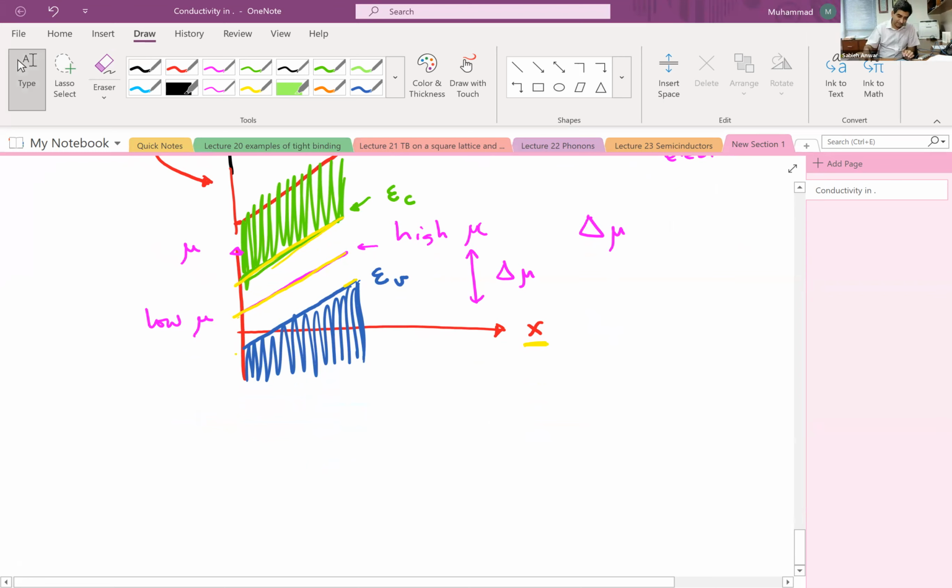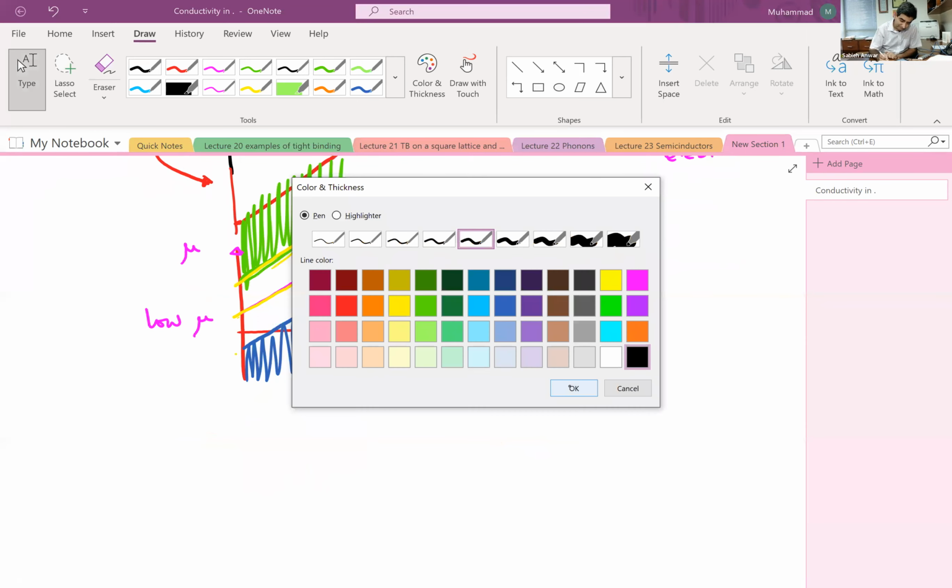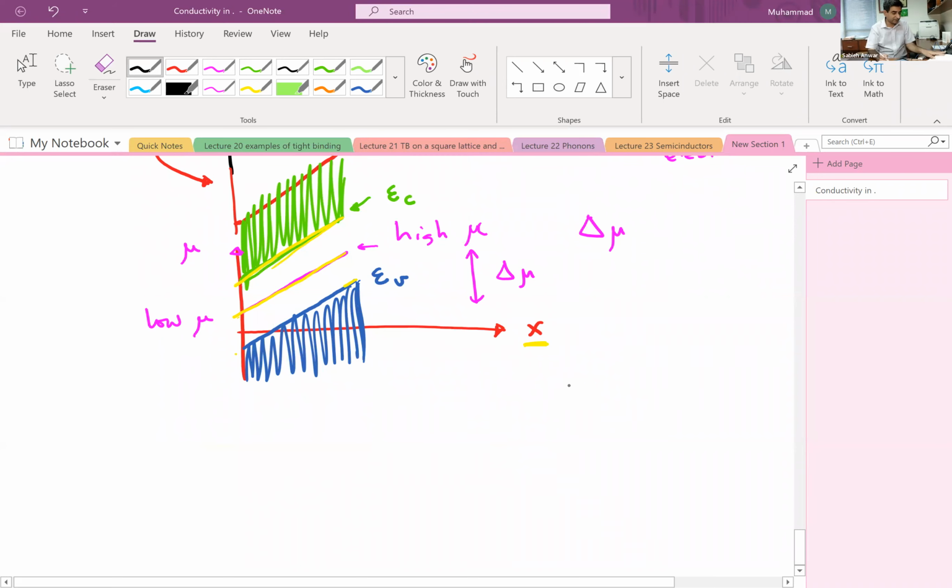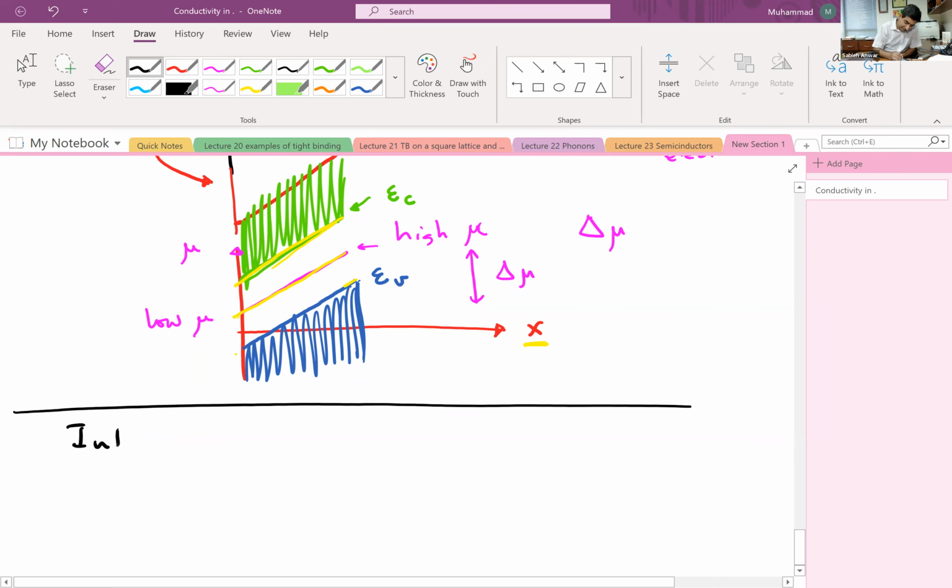And by the way, one more thing. What we could also do is determine the chemical potential. So if I were to have an intrinsic semiconductor, what I'm going to do now is talk about the exact location of the chemical potential.